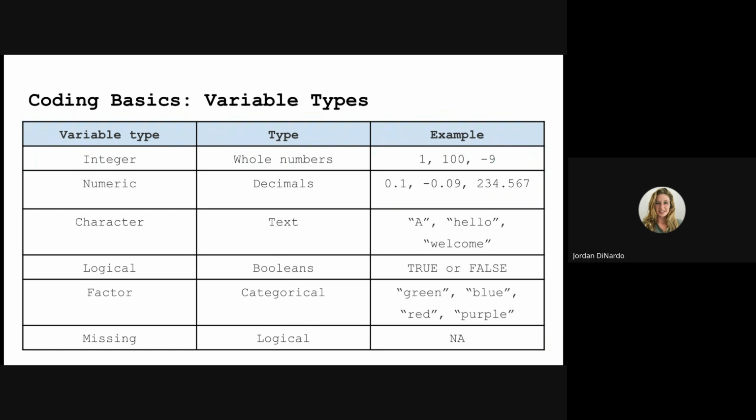You can interchange from a character, say just green, blue, red, but if for some reason they have to be categorical, you can change that to a factor. And then finally, missing values, and that is NA here. Sometimes you'll see in Excel sheets 9999 or blanks, but it's best to use NAs.